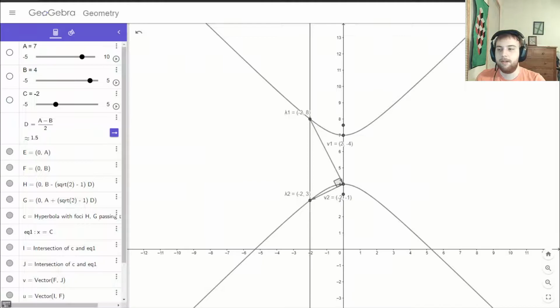Okay, here we have it. This is a method that I developed myself. I didn't read about it from anywhere else.